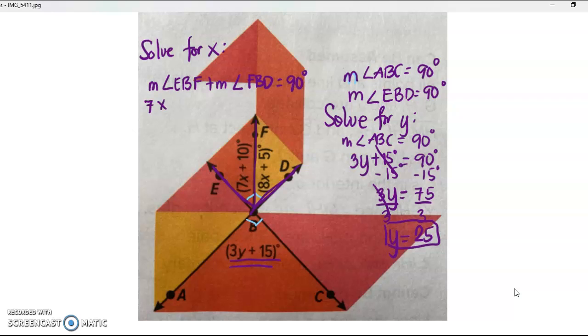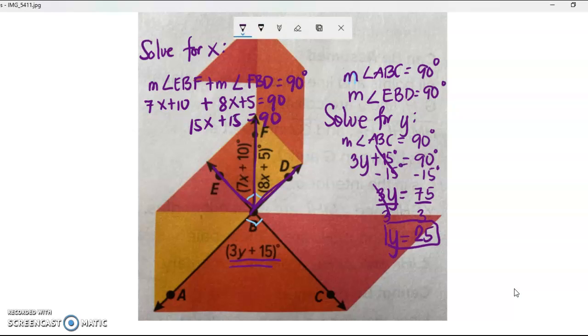We know that this is 7x plus 10 plus 8x, sorry, that is 8x plus 5 equals 90. What is 7 plus 8? That would be 15x plus 15 equals 90.